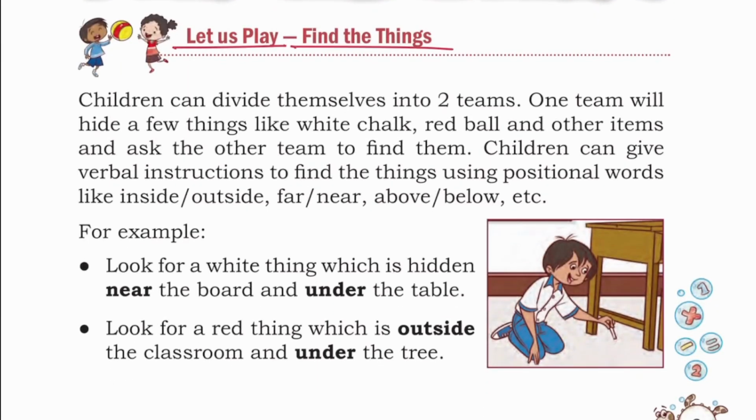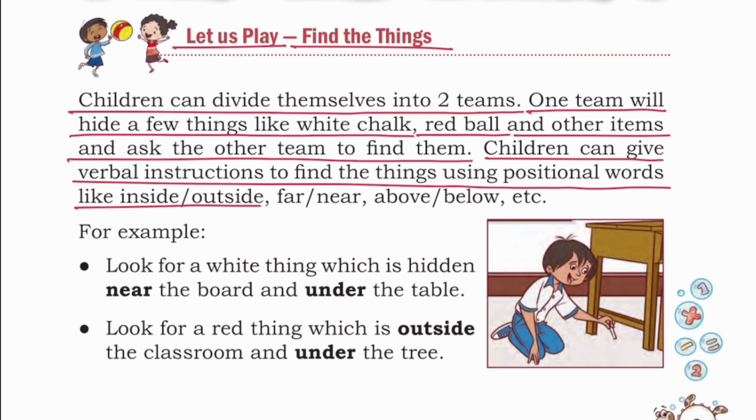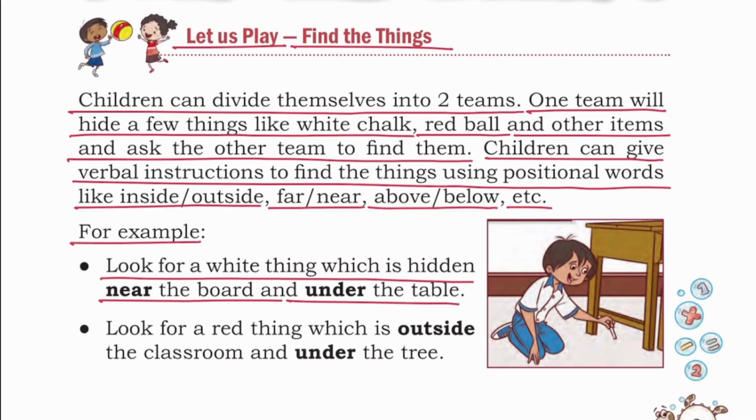Let us play Find the Things. Children can divide themselves into two teams. One team will hide a few things like white chalk, red ball, and other items and ask the other team to find them. Children can give verbal instructions to find the things using positional words like inside, outside, far, near, above, below, etc. For example, look for a white thing which is hidden near the board and under the table.